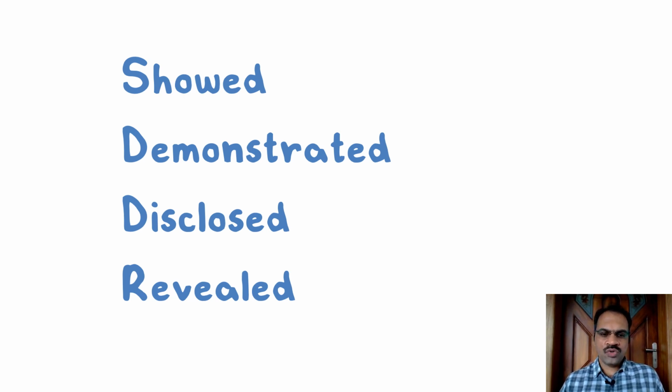Now I would like to give you another tip here. Though these words have a similar meaning, they sound different: showed, demonstrated, disclosed, revealed, the sounds are different. So whenever you have written a sentence, read it aloud, or at least read it in your mind, use the alternative words that I have given you here, and see which one sounds better.